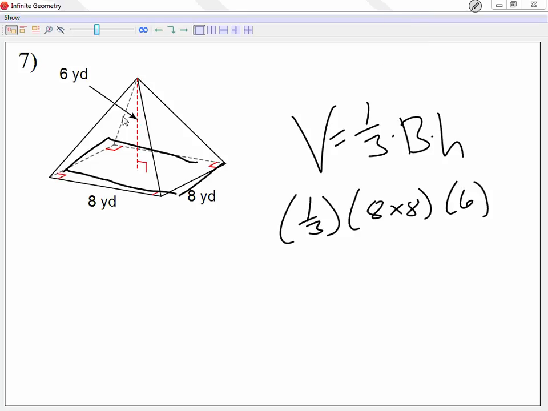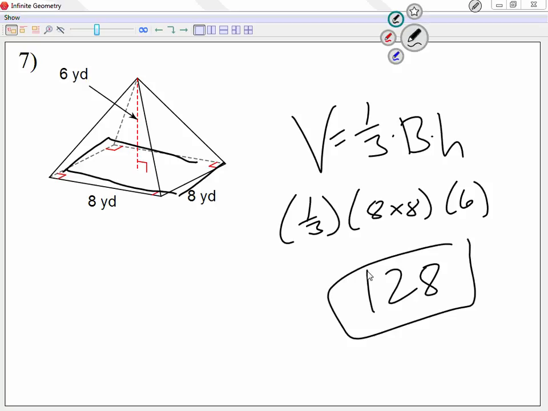You guys see the height is 6. What do you guys get? What is it? 128. Good? Okay. Any questions? Simple? Alright, let me take it all really quick.